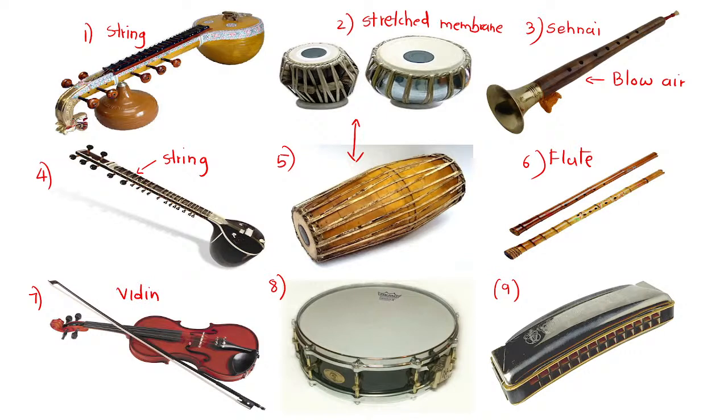When you pull those strings, or move the bow over the strings, they vibrate and produce sound. Similarly, drum, it's the stretch membrane. Whereas this musical instrument, the baja, produces sound when you blow air into it.